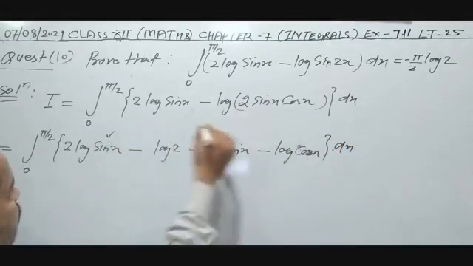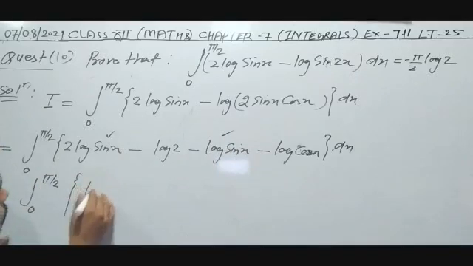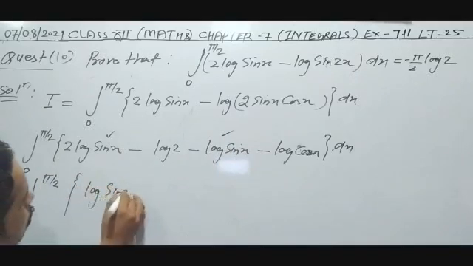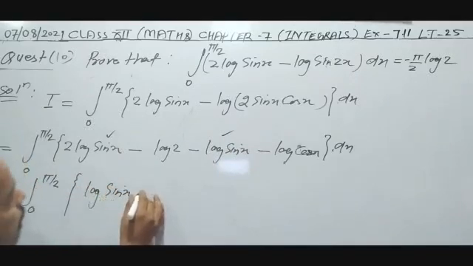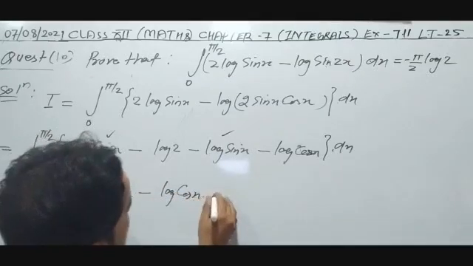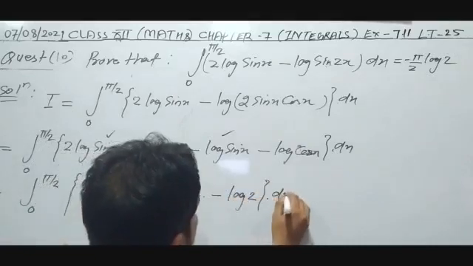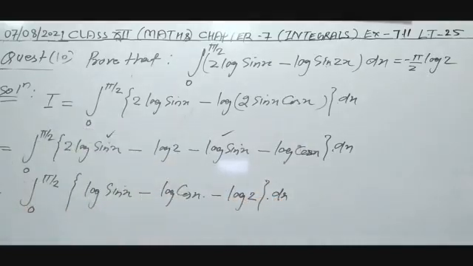So these are like terms, this can be calculated. So the result will be integration over 0 to pi by 2, this will be log of sin x minus log of cos x minus log of 2, curly bracket closed, dx. And you know integration over 0 to a of f x dx is equal to integration over 0 to a of f of a minus x.